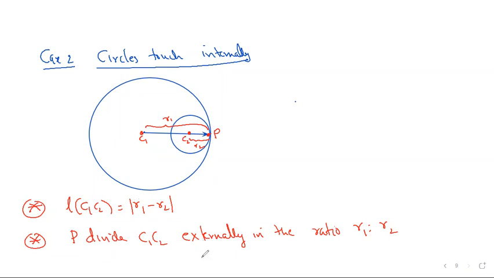So what is the external formula? (m x2 minus n x1) divided by (m minus n), and (m y2 minus n y1) divided by (m minus n). Here m will be R1 and n will be R2. I've written the formula because you may have forgotten the external division formula.